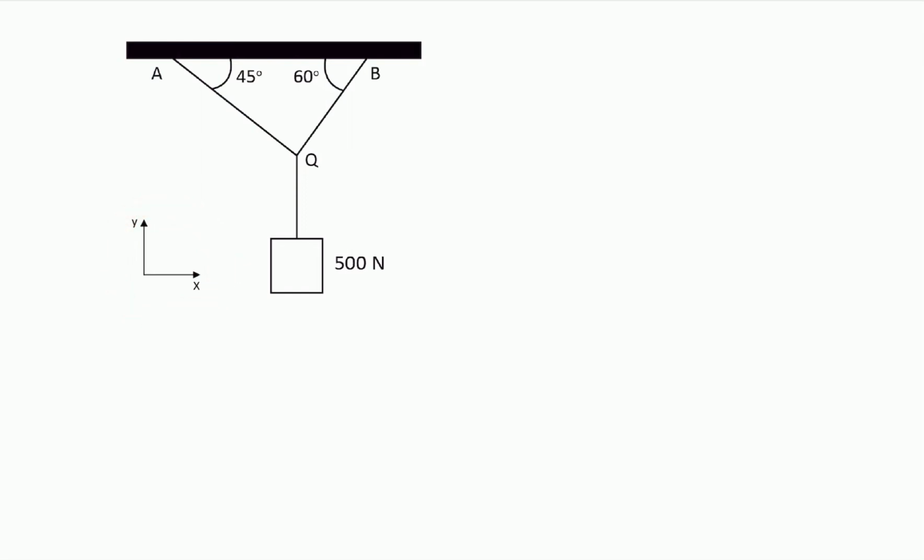So the first method will be to break the forces into components and solve using equilibrium equations. Q will be the part of the body that we're going to study, and we draw it out. The first force will be the 500 Newton box that pulls it down.